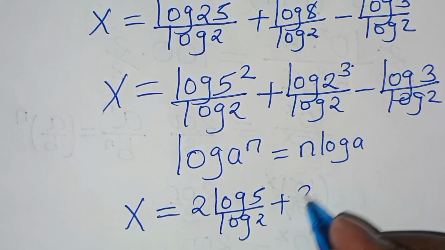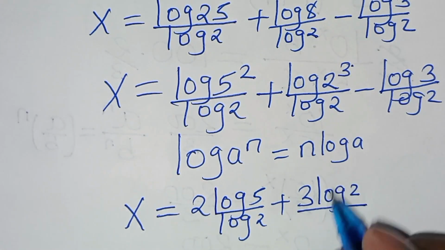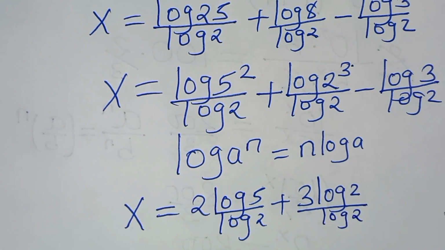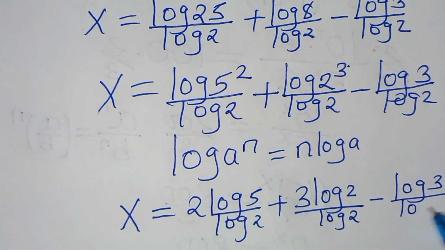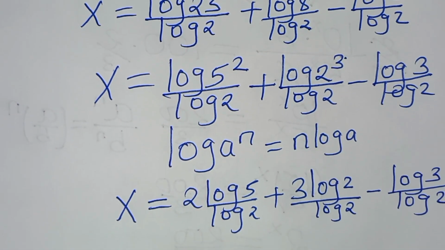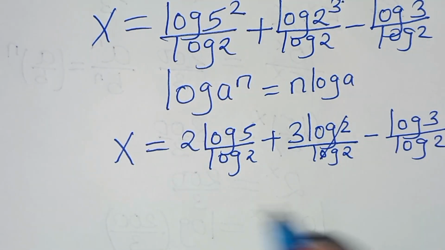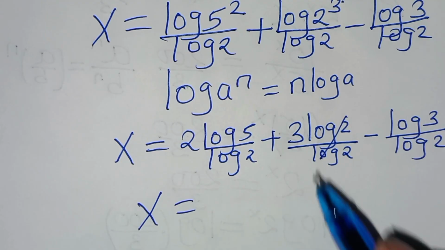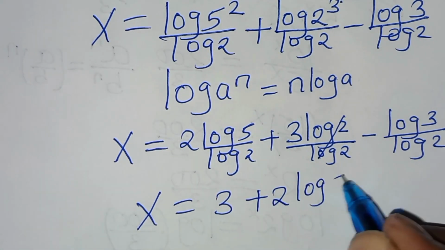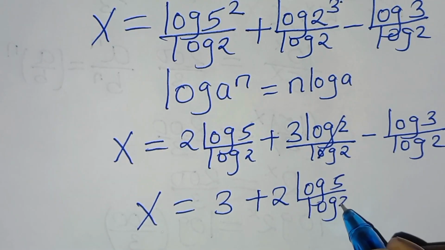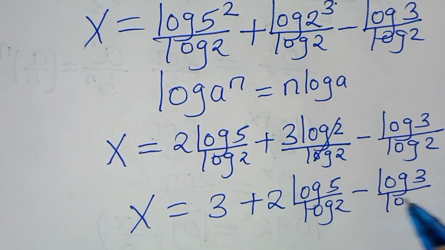This becomes 3 log 2 divided by log 2, then subtract log 3 divided by log 2. Now the next step here is to simplify log 2 and log 2 here, so that x will be equal to 3 plus 2 log 5 divided by log 2, then subtract log 3 divided by log 2.